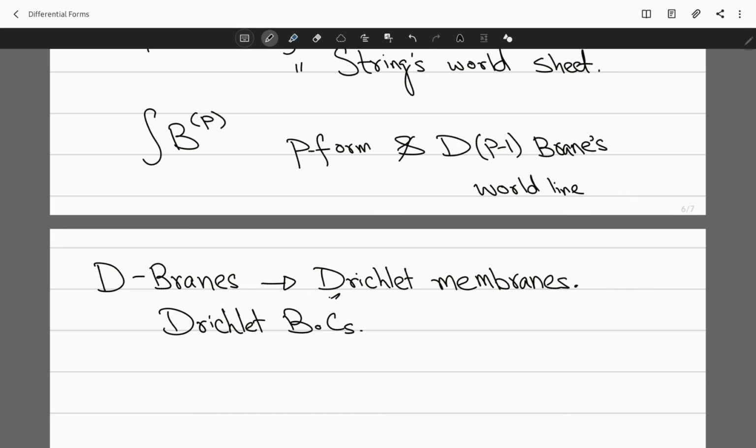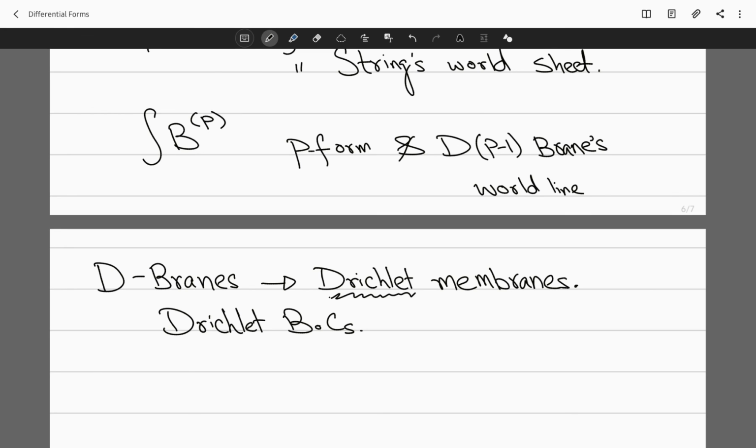That's why we have this name, Dirichlet membranes, because they are the objects on which the open strings end, and the condition has to be the Dirichlet boundary conditions, right?